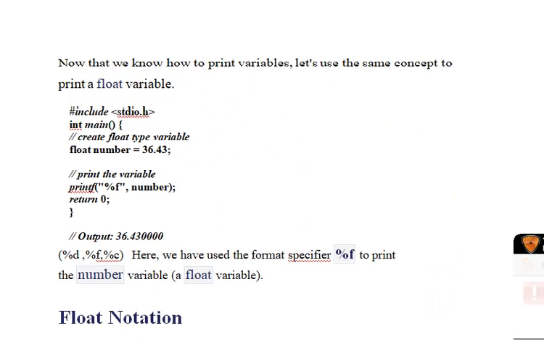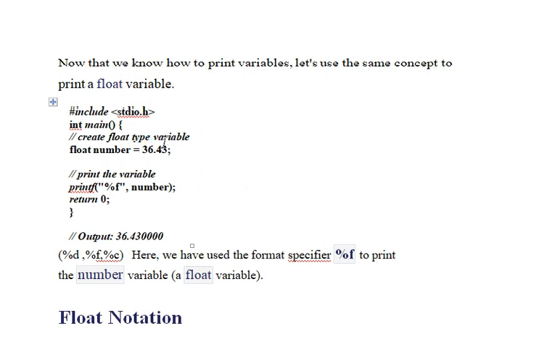Here you can see include stdio.h, int main. Here the float number was 36.43. So in this place you should take 78.32, and the output should be 78.32.